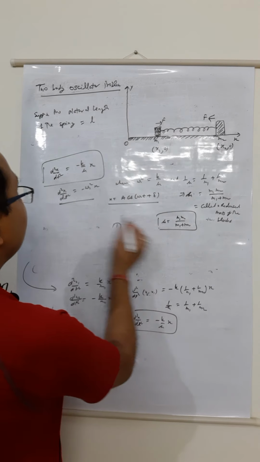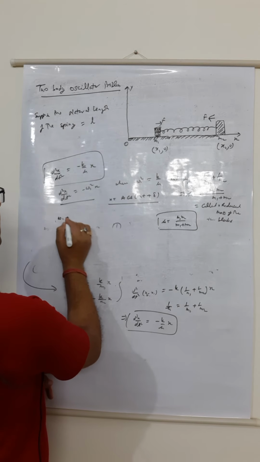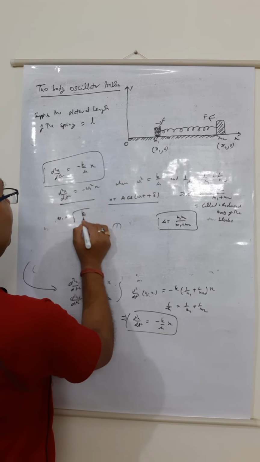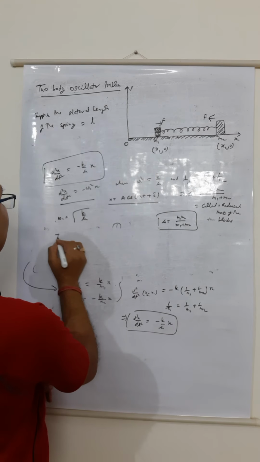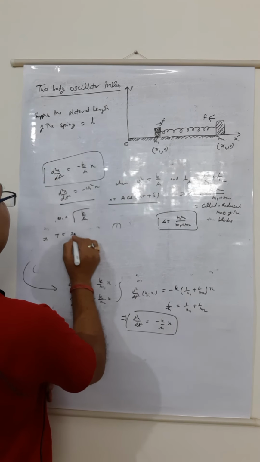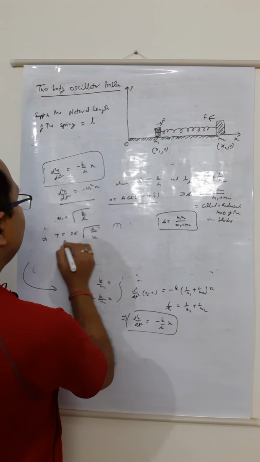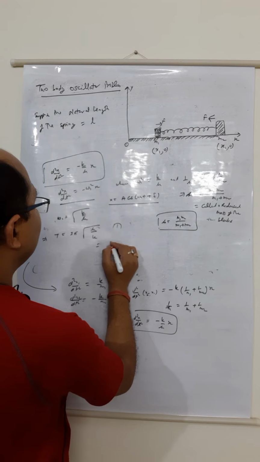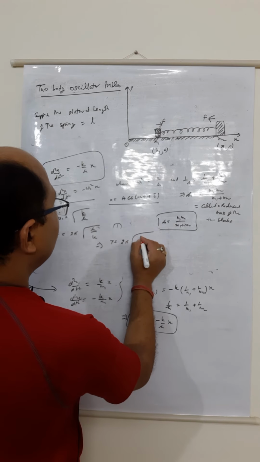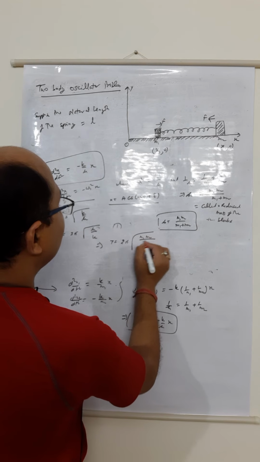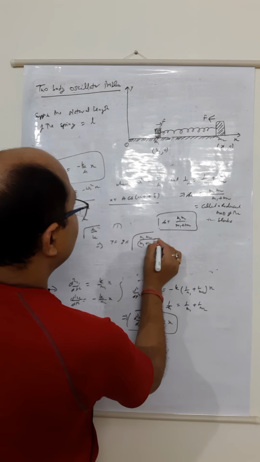Now from this, omega naught is equal to under root k upon mu. This implies T equals 2 pi under root mu upon k, and this implies T is equal to 2 pi under root m1 m2 upon (m1 plus m2) into k.